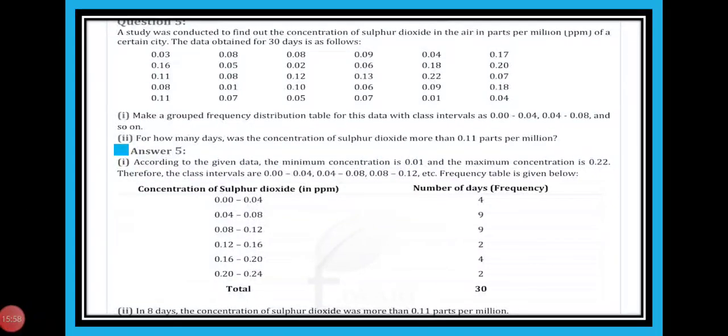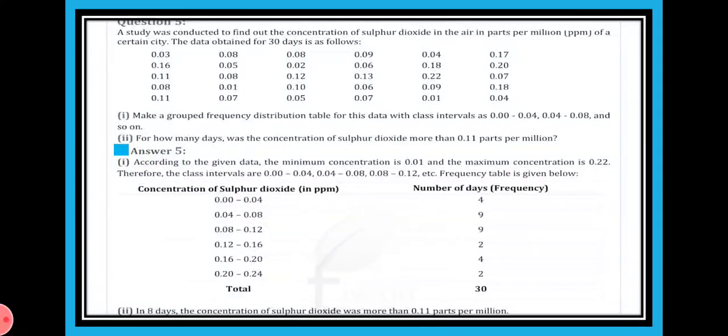The last class interval we take till 0.24, because in the table of 4 we don't get 22, but near to 22 we have 24.